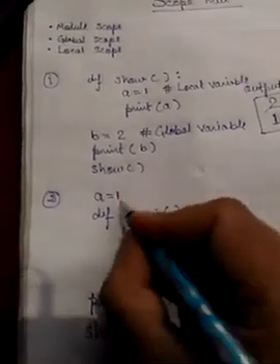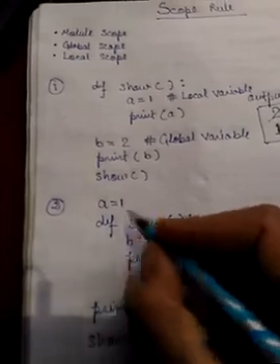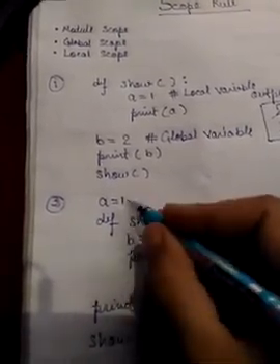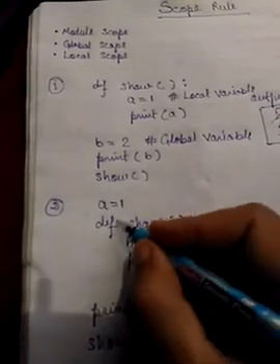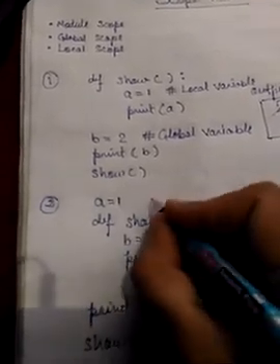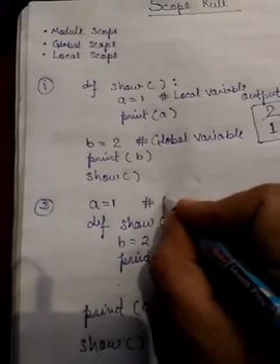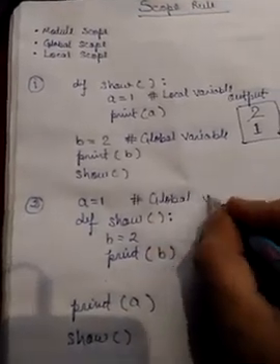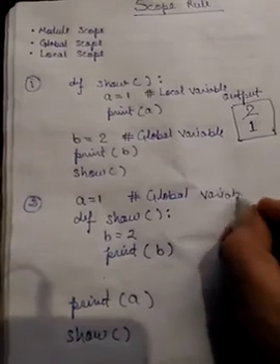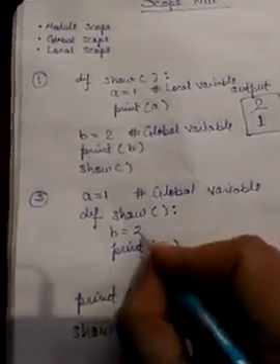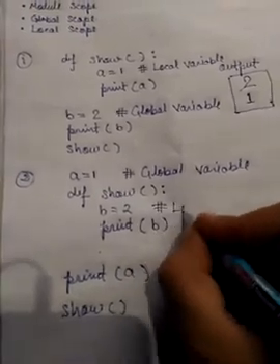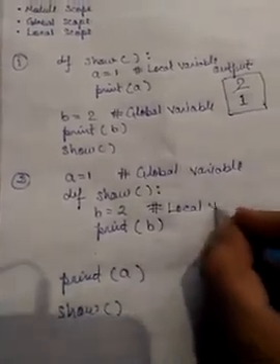Again, this is also a global variable because it is declared in the main program, that is outside the definition of the function. It is declared above all the functions, hence again it is also a global variable, and this is declared specifically within a function. This is the local variable.